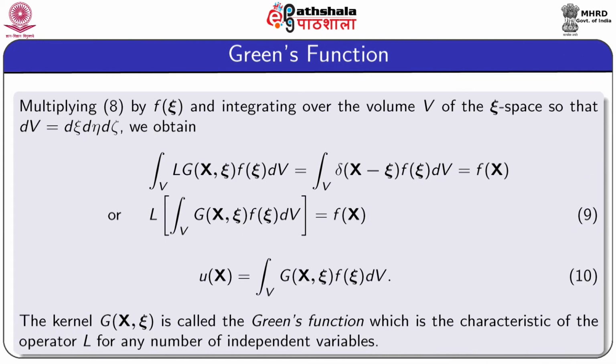Now we multiply equation 8 by f(xi) and integrate over a volume V, where dV is d xi, d eta and d zeta. So, the integration over V of L g f(xi) dV is equal to, on the right hand side, the integration of delta(X minus xi) f(xi) dV, and this equals f(X) using the property of the delta function.